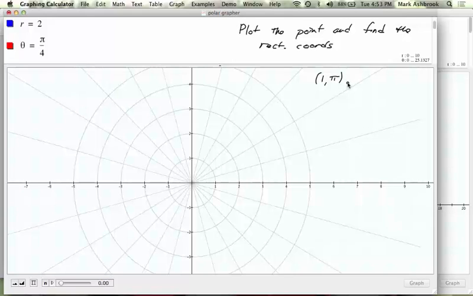Say no calculator. So let's do these on sheet.